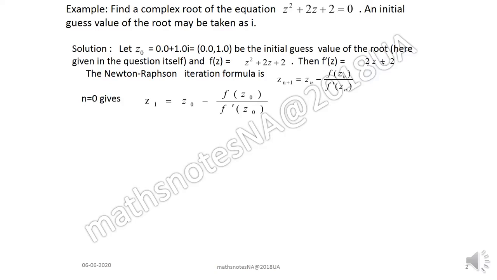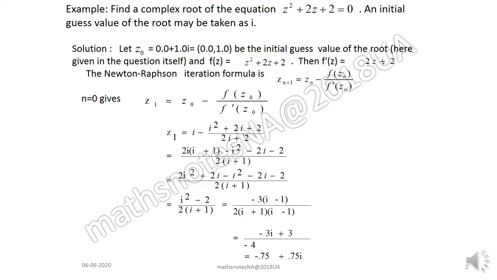In this we substitute values of z0 and simplify this expression. Once we simplify, we get minus 3i plus 3 upon minus 4, which is minus 0.75 plus 0.75i. So this is the next approximated root.